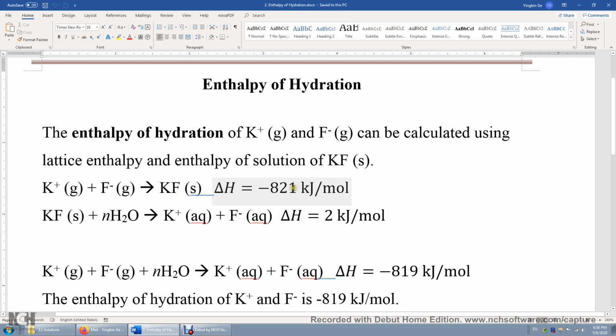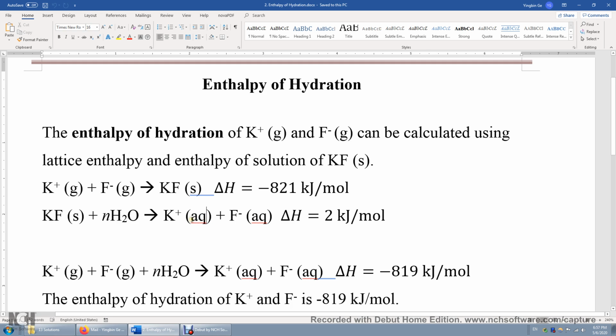Now I'm going to show you a second reaction that's associated with enthalpy of solution of potassium fluoride. It's very simple. You just dissolve 1 mole KF in water. You will end up with K+ surrounded by water molecules and F- surrounded by water molecules. aq stands for aqueous solution.